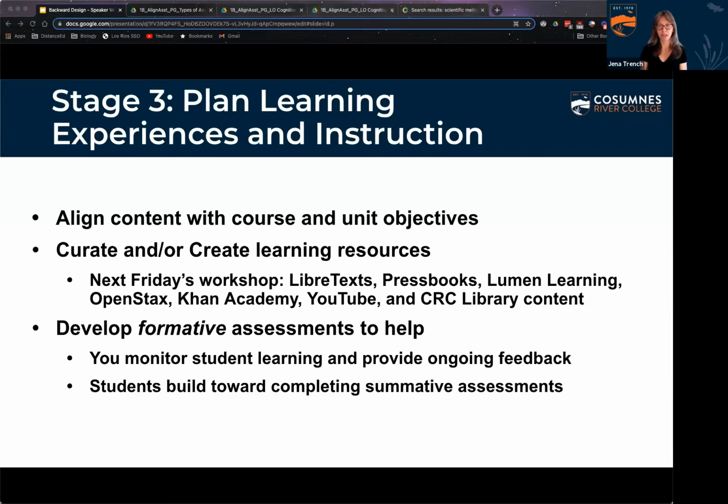And most of the ones that I'm going to talk about are ones that we already know are accessible to students who may use screen readers, for example. So I'm not going to talk about that too much today unless you have specific questions, but those are some good places to start when you're looking for learning resources for content and also for formative assessments. Many of these actually have formative assessments built right in with the content itself that you can use if you want to.